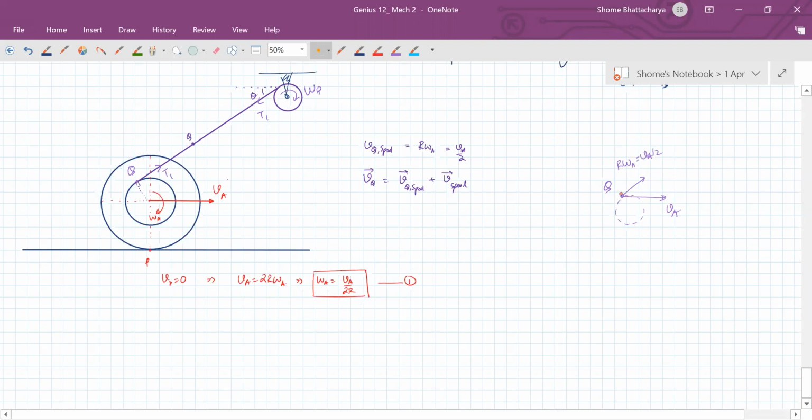And the tension T1 is acting in this direction.